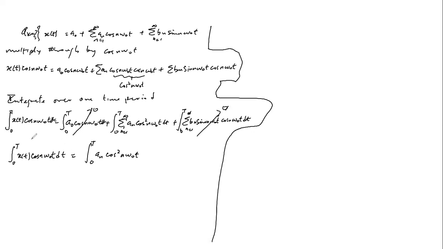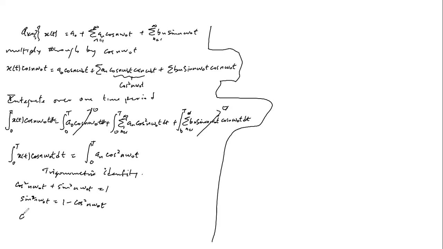Now, recall from trigonometric identities that cos squared n omega naught t plus sine squared n omega naught t is the same as 1, such that sine squared n omega naught t will be the same as 1 minus cos squared n omega naught t.